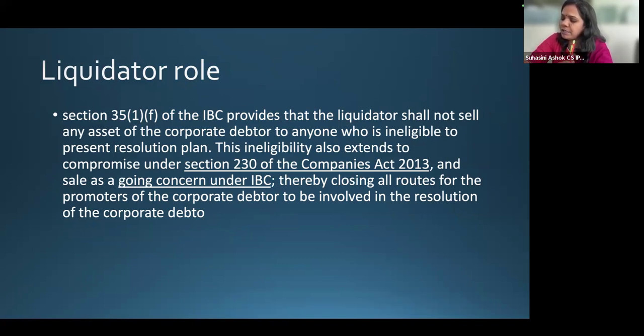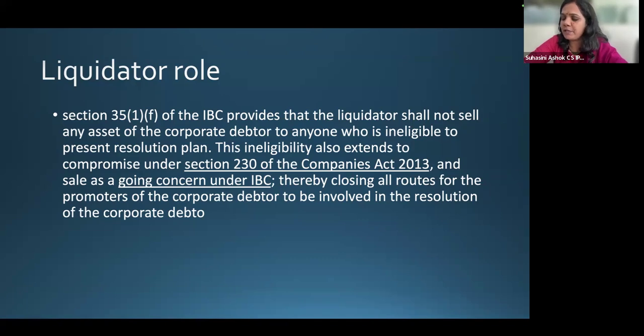So it closes all the routes for the promoters to be involved in the resolution of the corporate debtor, except the MSME. Again, for MSME only 2 clauses are not applicable. All other clauses are applicable to MSME promoters also.